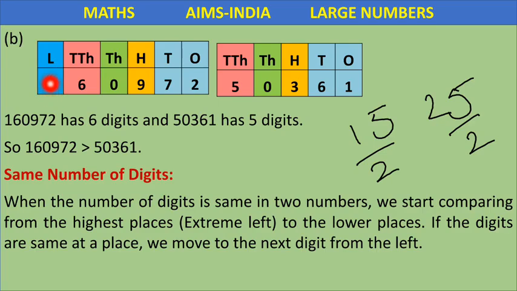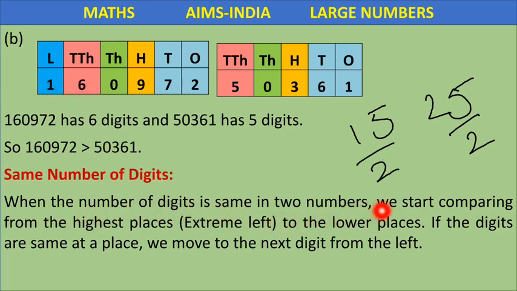And what is the place value of 1? The place value of 1 is lakhs. Now is one's place value greater or lakhs place value greater? Yes, lakhs place value is greater. So highest place values are present on the extreme left, and we start comparing from the extreme left.